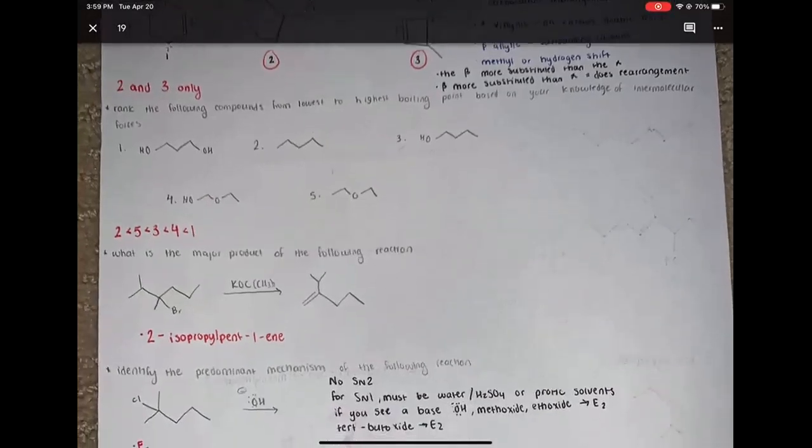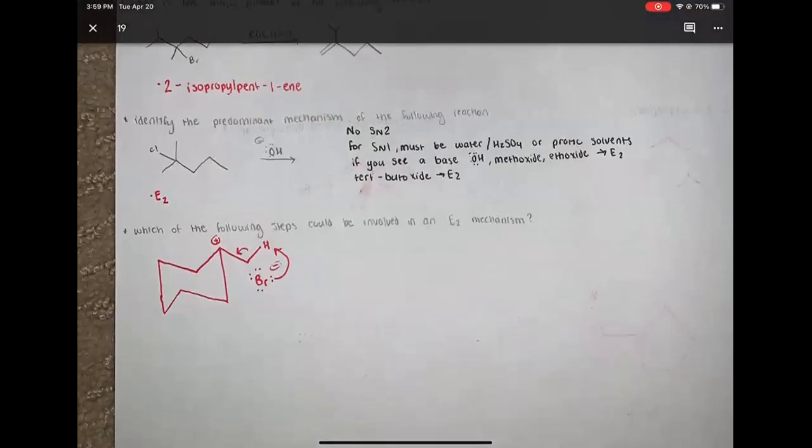So the more oxygens, the better. And then finally, we have 1. It's going to have a really nice high boiling point because of the way that those 2 alcohols are on there. Yeah, perfect, Bailey. We have 2, 5, 3, 4, and then 1. Perfect. That was a great question.